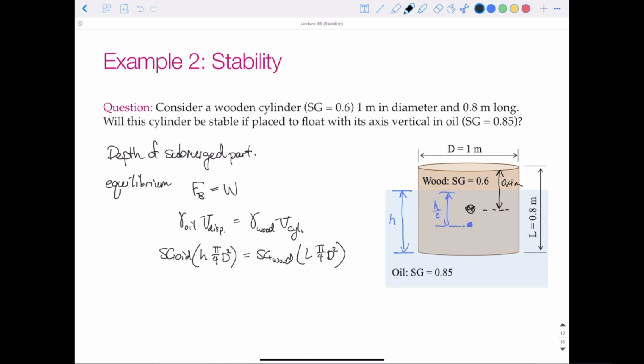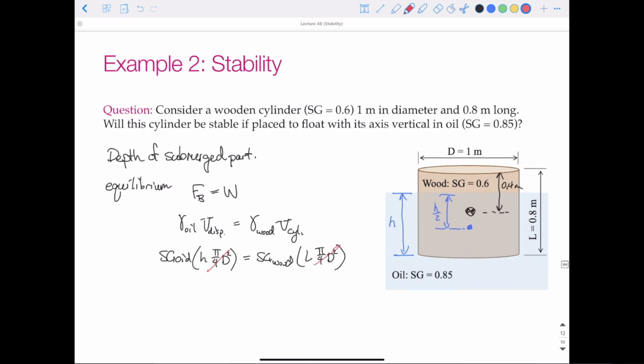So notice we have the same area on both sides, so these can cancel. So it doesn't matter the diameter.